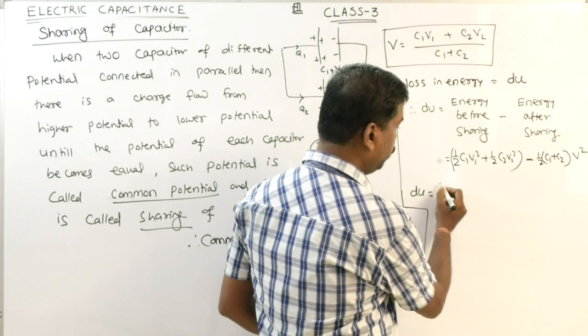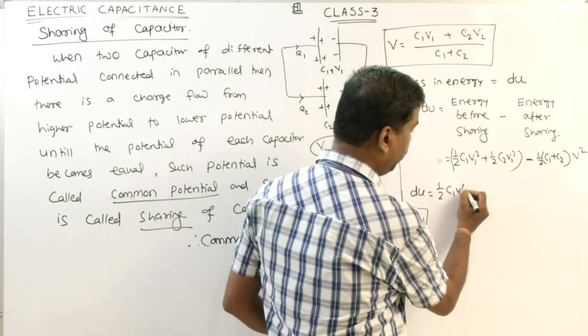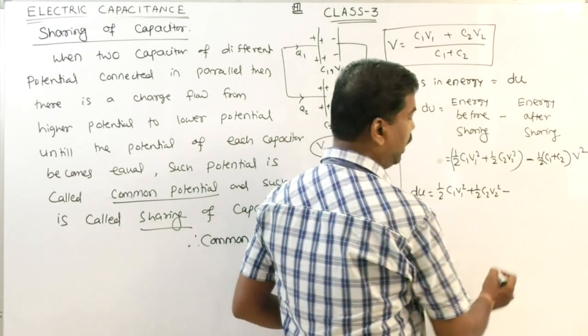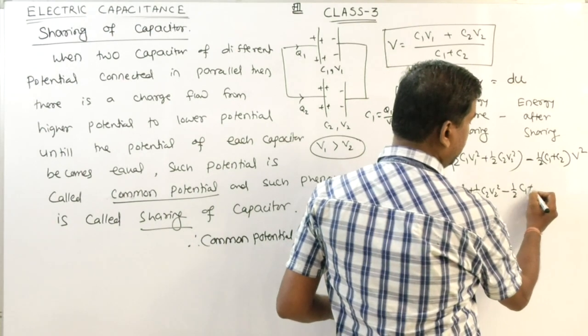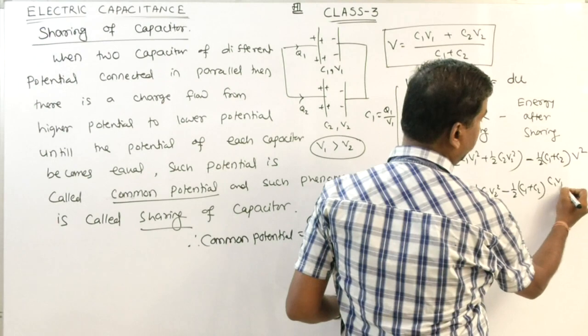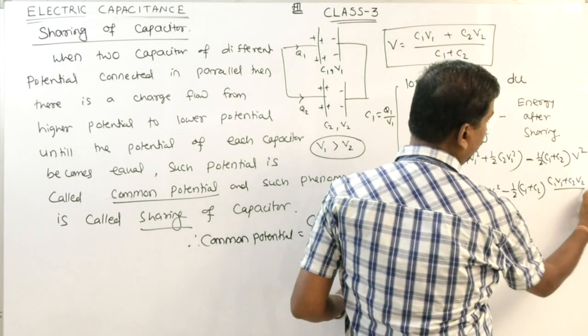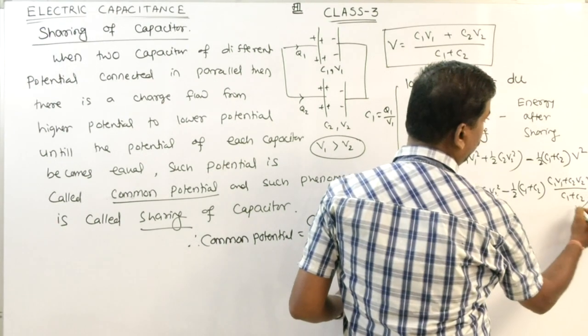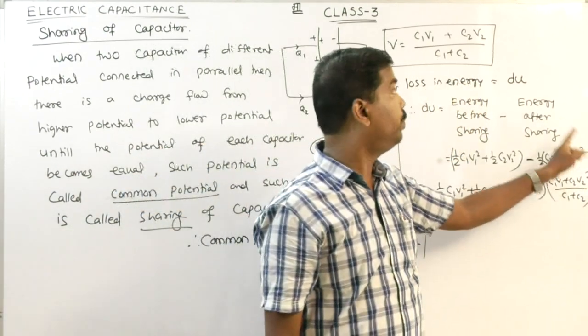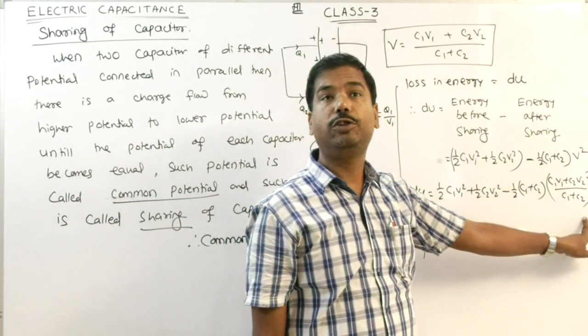Therefore, dU is equal to half C1 V1 square plus half C2 V2 square minus half C1 plus C2 into V square, where V is equal to C1 V1 plus C2 V2 by C1 plus C2, whole square. So instead of V, I use this one.